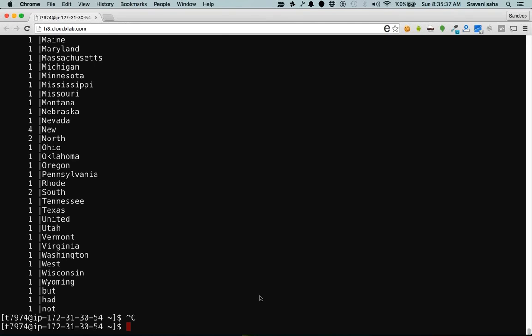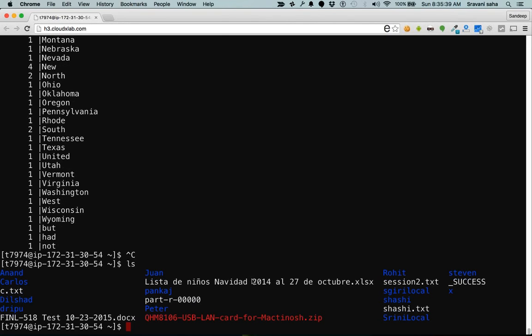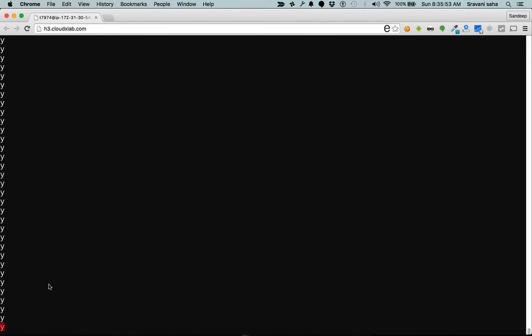All right, what does more do? Okay, if you have a big file, let's say there's a command called yes. All right, yes keeps on printing yes on the screen. Okay, and if you want to see the output page wise, you can use yes coupled with some more things.